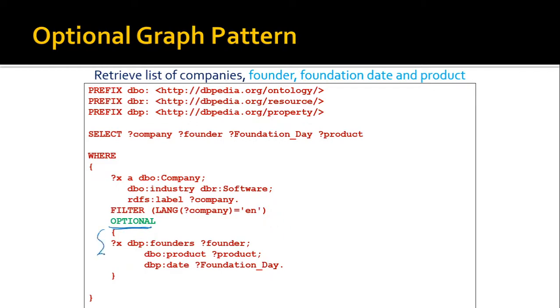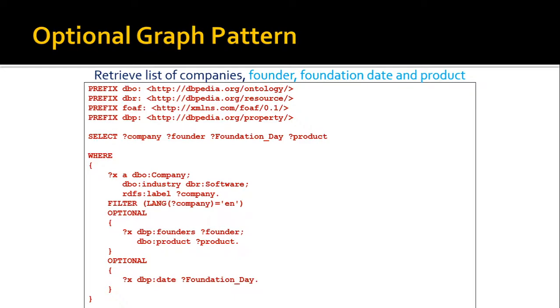This part is matching. Whenever this part is matching, this comes as output, irrespective of whether this part is getting matched or not. So if this part gets a match, then we retrieve the founder, product, and foundation day. So that's why this is called optional, right?